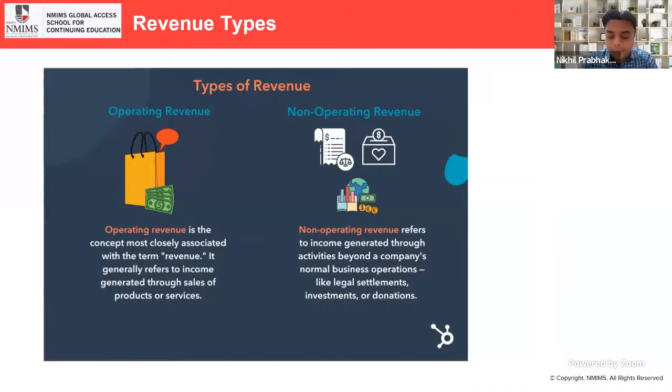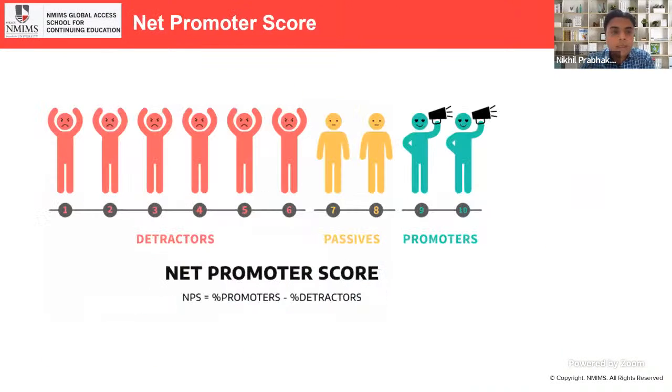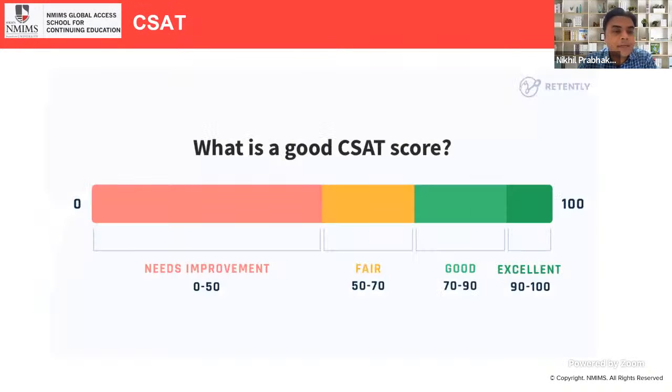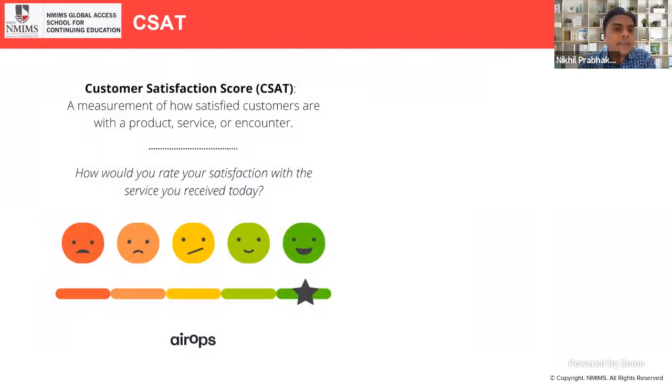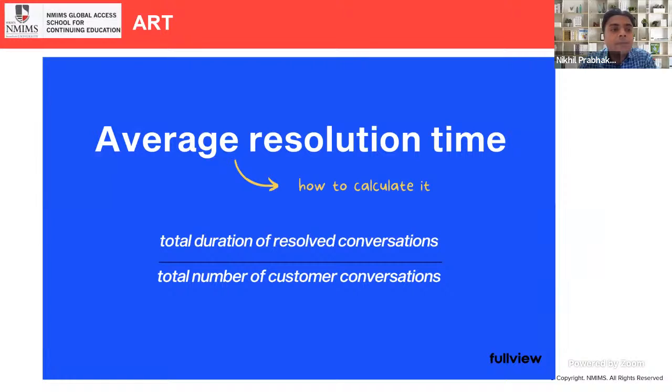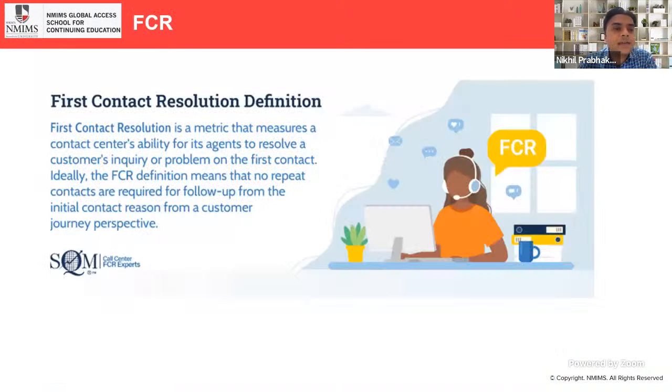Apart from this, we also have the concept of net promoter score along with CSAT, which we compared together and understood from the industry perspective. CSAT is more specific; NPS is the overall brand experience measurement. From the customer service point of view, we looked at ART and FCR, two important metrics, particularly in a contact center or call center.